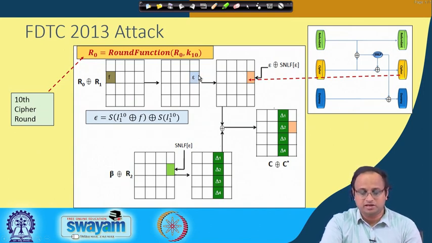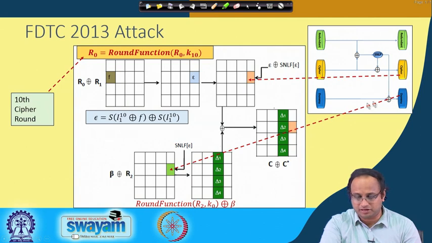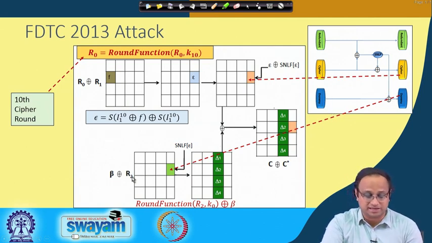It was already there, it gets further contaminated with SNLF epsilon, and therefore this disturbance becomes epsilon XORed with SNLF epsilon. Now if you look at the dummy round infection, then this SNLF epsilon also affects the dummy round, and you note that the dummy round was initialized at some beta value. Suppose I have beta 0, beta 1 and so on, this is beta.